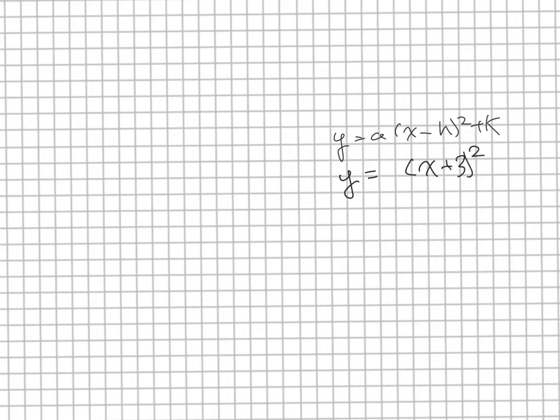And what we did was we compared our original equation. We looked for the a value. It wasn't there, so we said it was 1 in front of this, and then in front of this k value, this really means plus 0. So we looked at that and we found what our new vertex was. Our new vertex was going to be negative 3, 0.